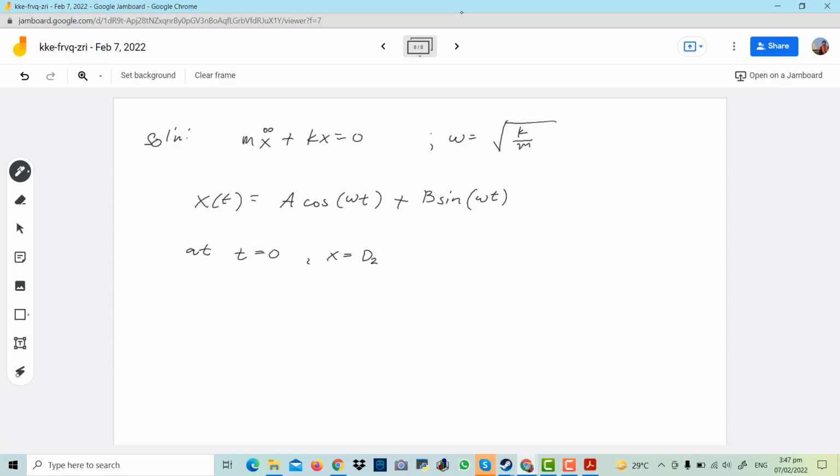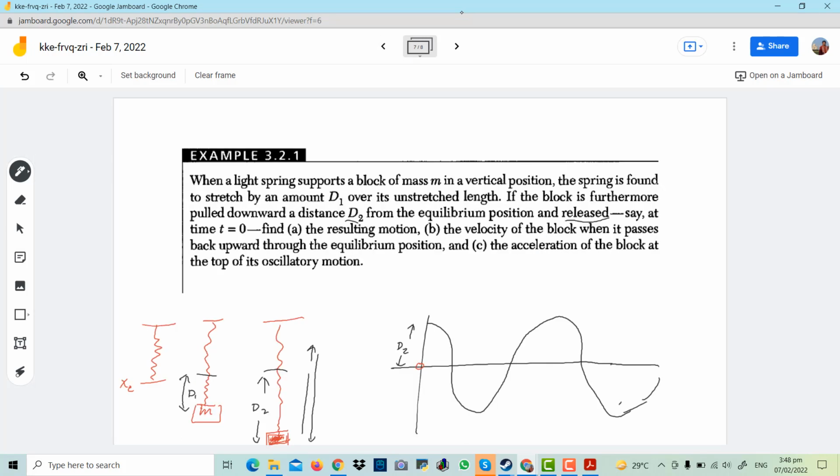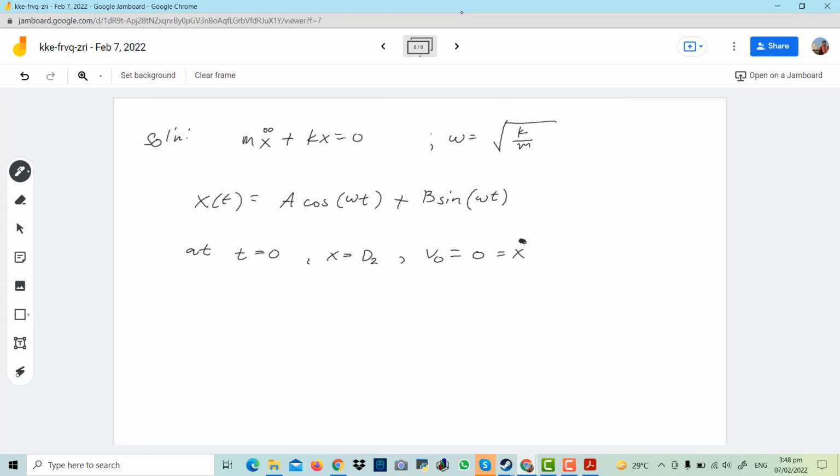And your velocity, I call this v naught, is equal also to 0. It means that your x dot is equal to 0, because it is not moving initially. You just pulled it, and when you release it, the initial velocity is 0. So at time equals 0, x is equal to D2, and I have a cosine of omega times 0 plus b sine of omega times 0.